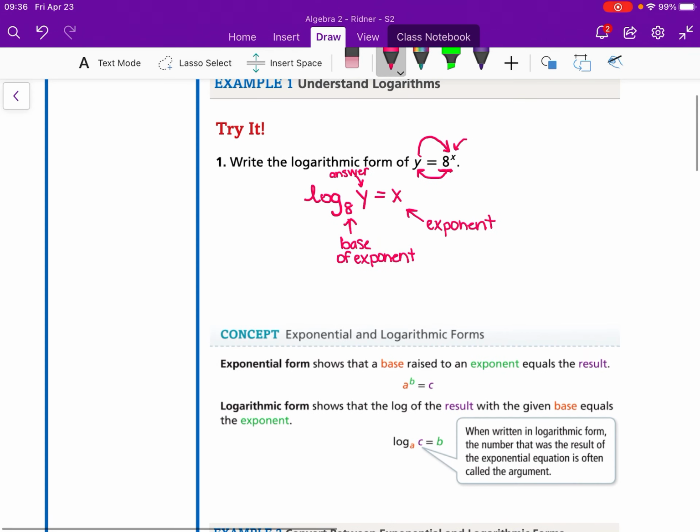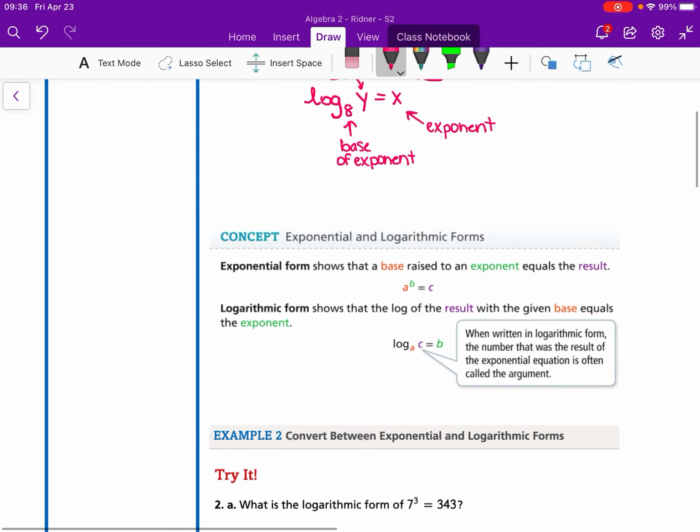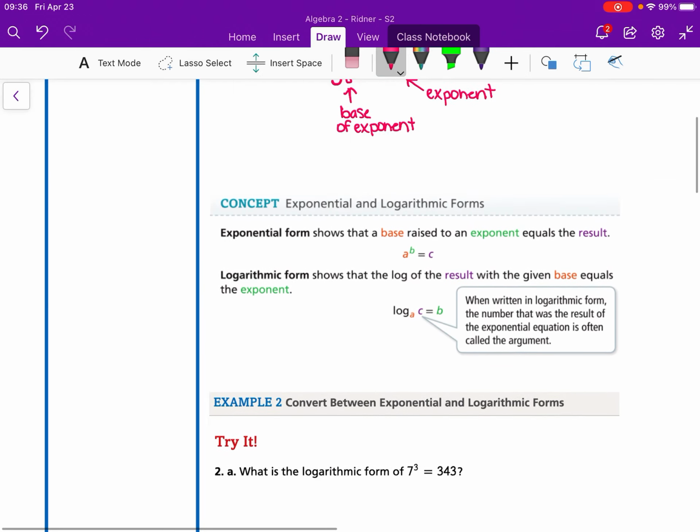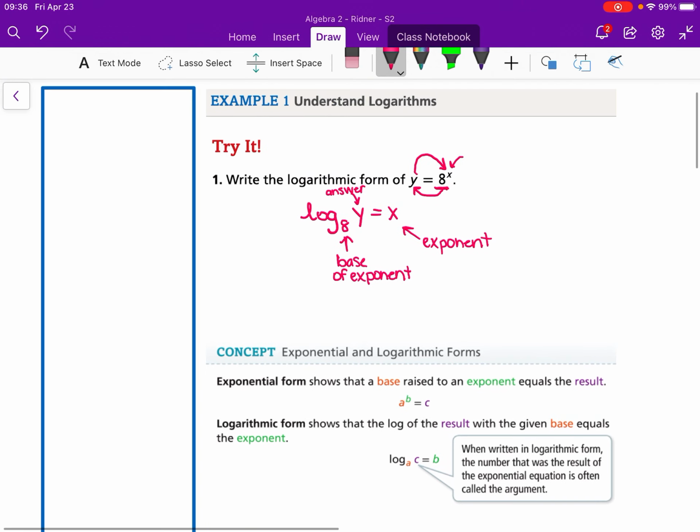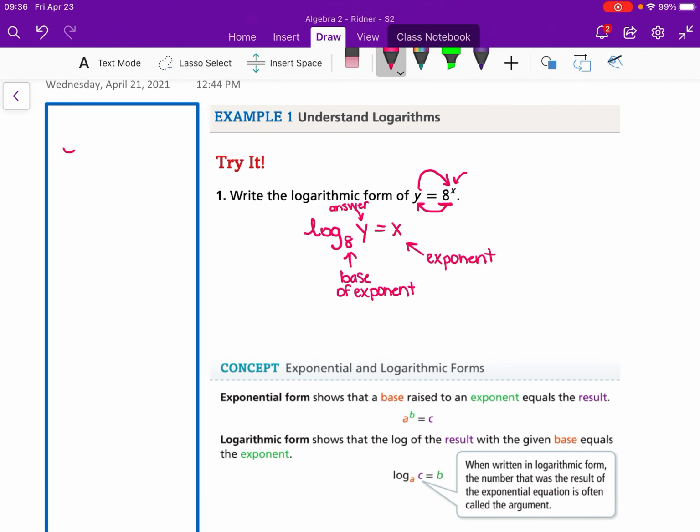Okay. And so this concept box below just describes that. Same thing. And the two things I would take note of: if you see something with no base, so no base written down, it is assumed to be 10.